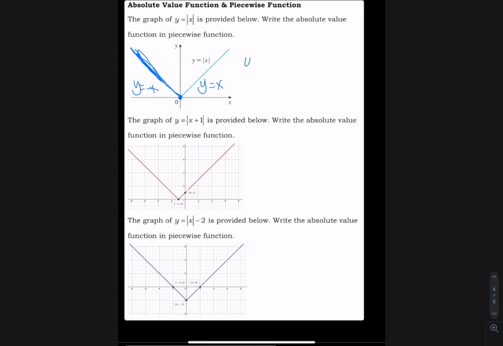So we have y equals x, one piece, or if you want to go from left to right, which is what I prefer, negative x and positive x. This piece is when x is less than or equal to 0. This is when x is greater than or equal to 0. Actually, we cannot use two equals simultaneously.